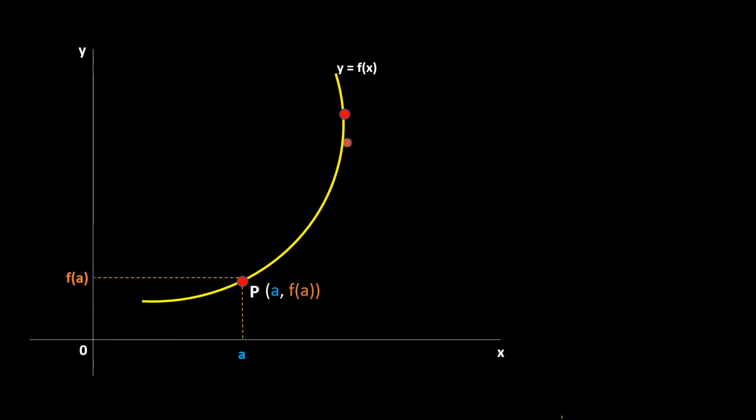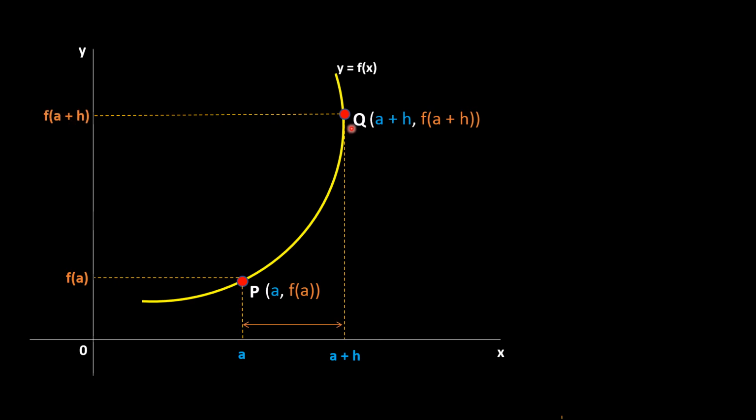Consider another point Q (a plus h, f of a plus h): x coordinate a plus h, y coordinate f of a plus h.